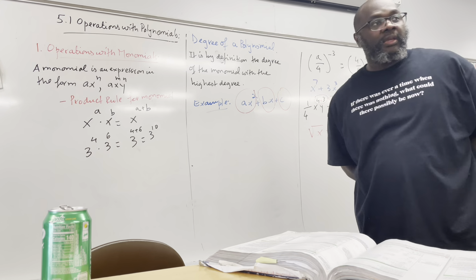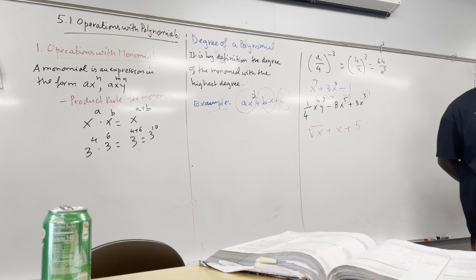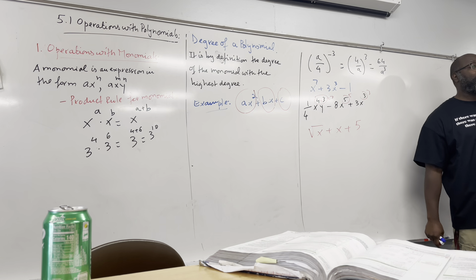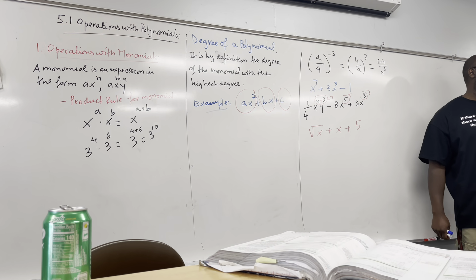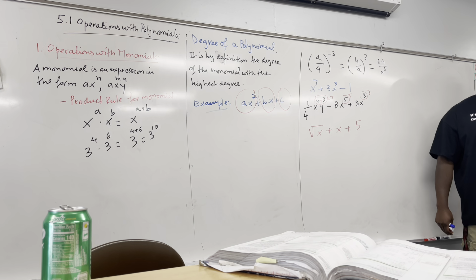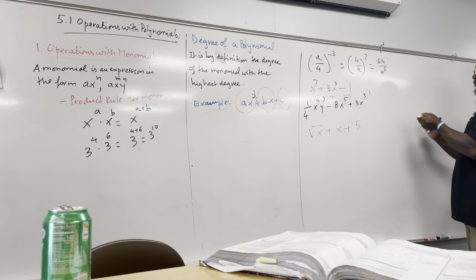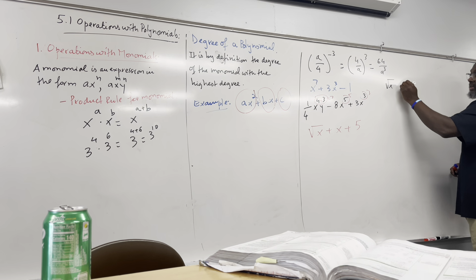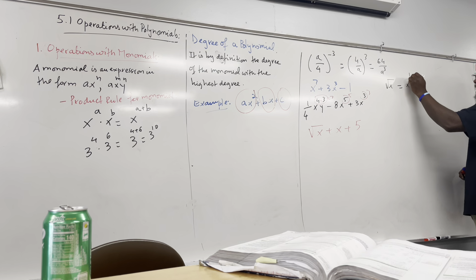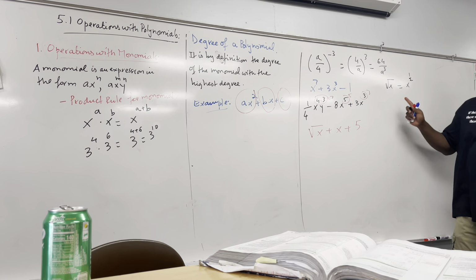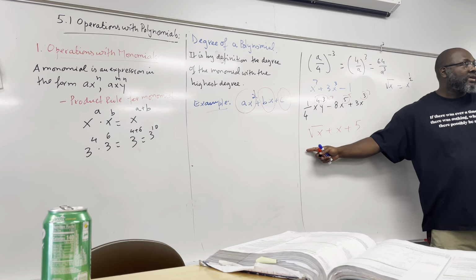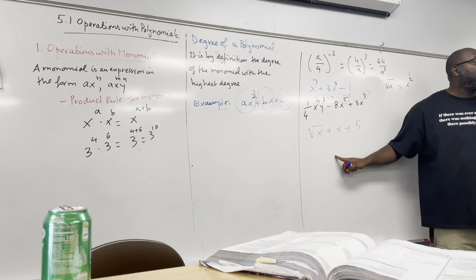So, what do you say? First of all, we have to look at it, right? Square root of x, right? Any number's square root is that number raised to the power of what? 1/2. Anytime you have square root of x, it is the equivalent of x to the 1/2, right? Now, the problem is this: because this is a radical, this is not a polynomial.